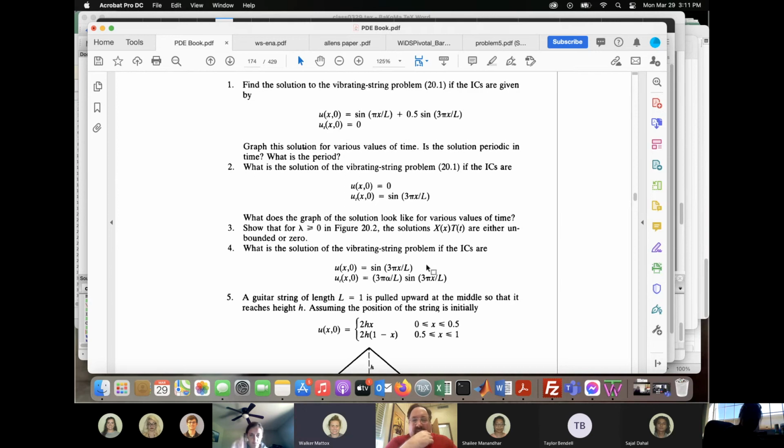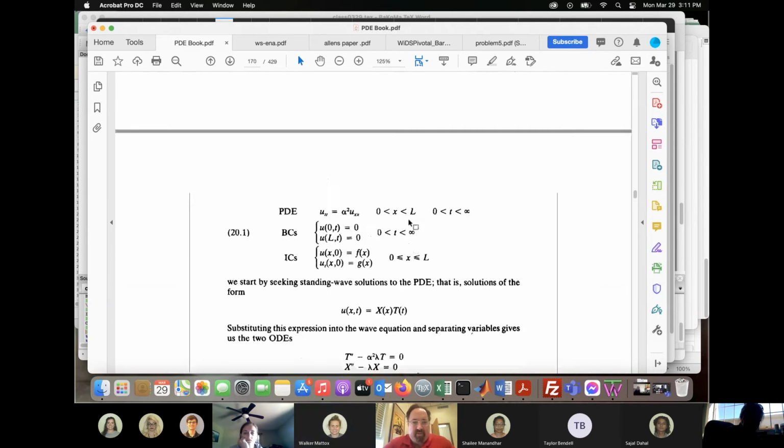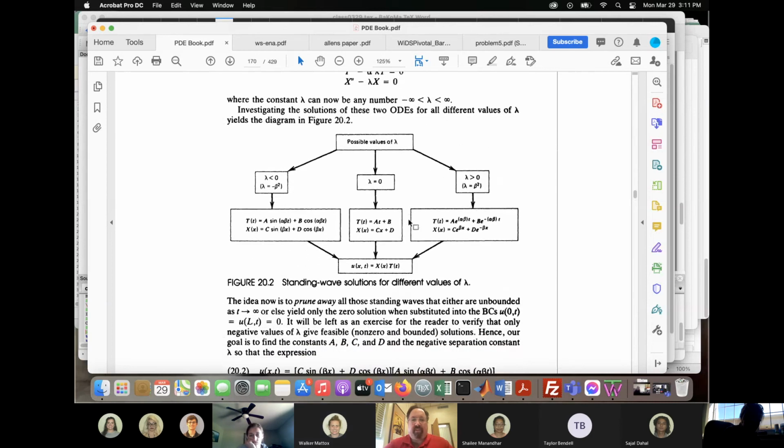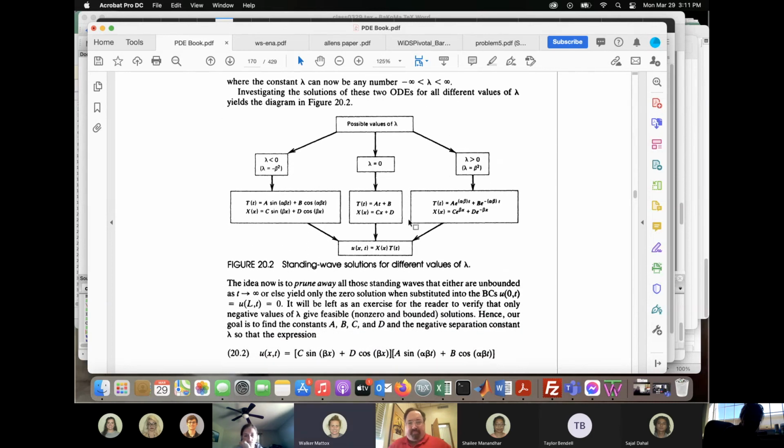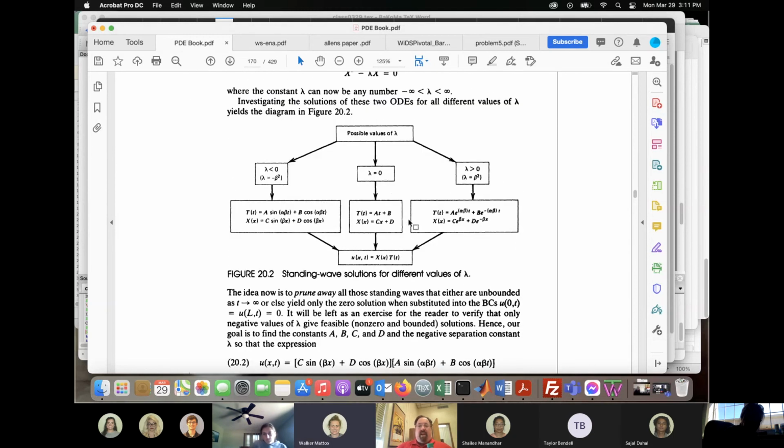Okay. Actually, let me return to what they're talking about here. Okay, this situation, and the boundary conditions for this problem. Yeah, you should be able to find a case where you get a solution that must be 0.